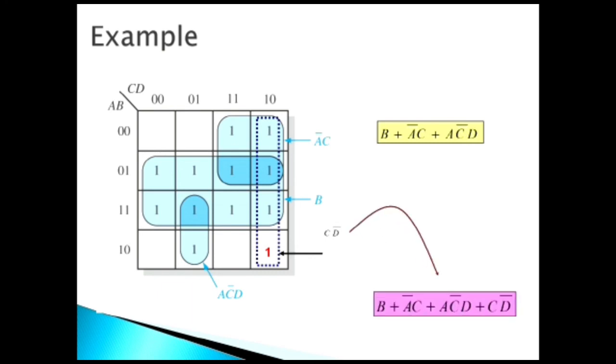The overall expression of this example will change from B plus A complement C plus AC complement D to the further extension, that is B plus A complement C plus AC complement D plus CD complement.